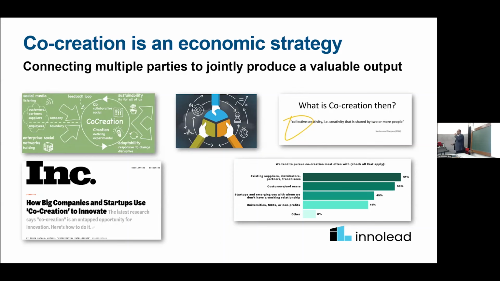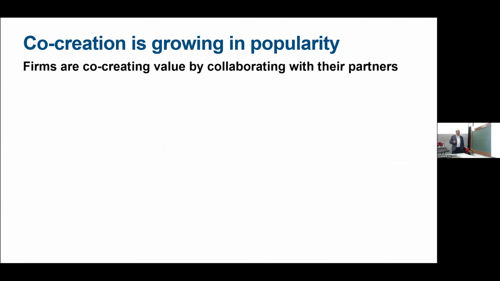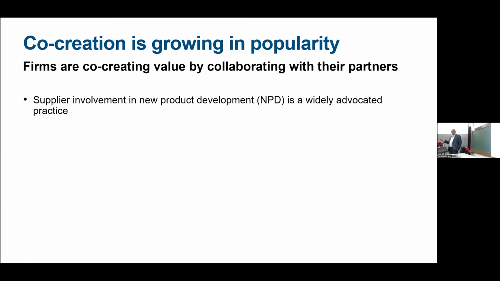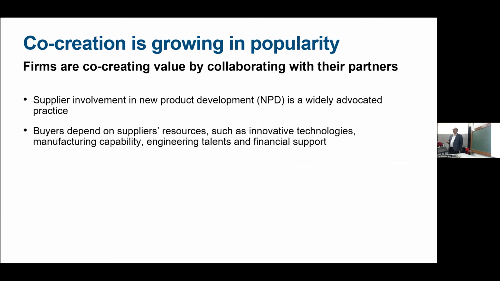So that kind of idea is not absolutely new. It's been taking different shapes and is becoming more and more popular. It is no longer the one-off thing that the BMW 7 Series was. It's no longer the one-off thing that Lego is or has been. So it's been quite common. And so the drivers have been that it makes sense to get the suppliers involved. Suppliers have a lot of resources. They know how to make the components.